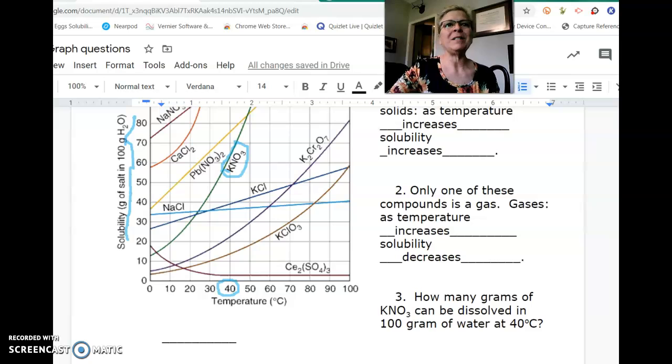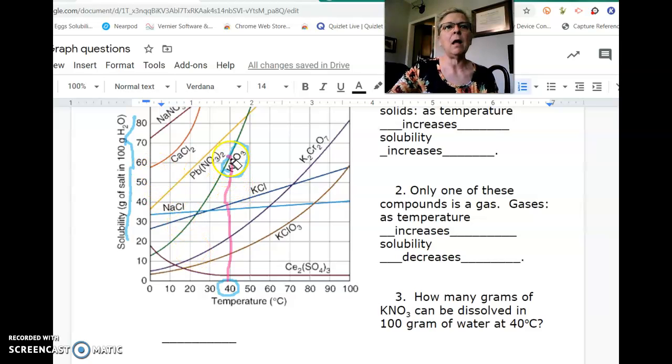Okay, so how am I going to answer this question? Let me change color so you can see it. I am going to follow the grid line at 40 all the way up to where that line crosses the KNO3 line. I'm not drawing a straight line. You know this about me already. I do not draw straight lines very well.